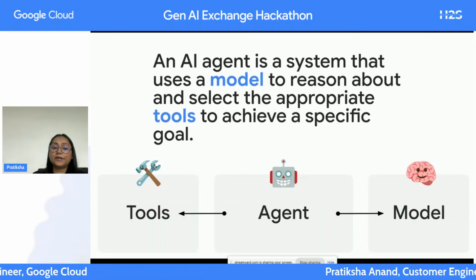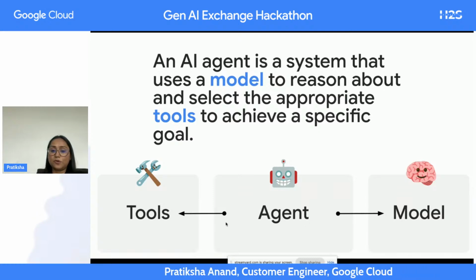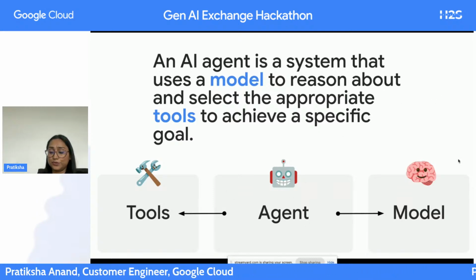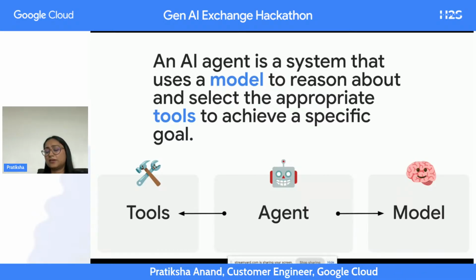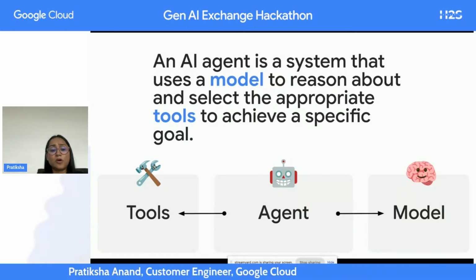Okay, just a quick view: an AI agent is a system that uses two things. One is an LLM model. If you attended earlier sessions, a couple of discussions might have already gone into agents and ADK models, but precisely it needs two things.